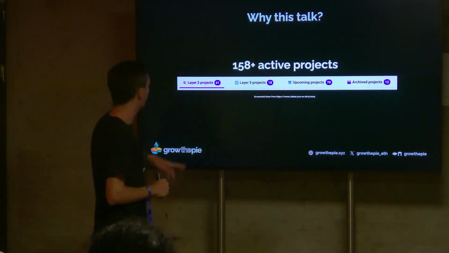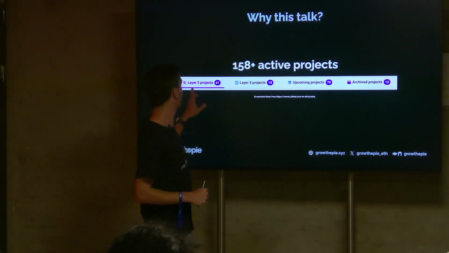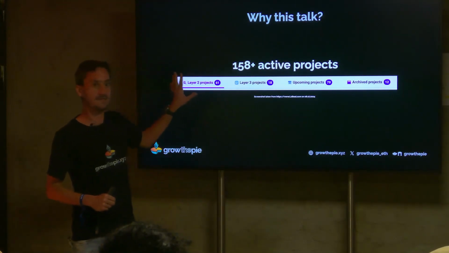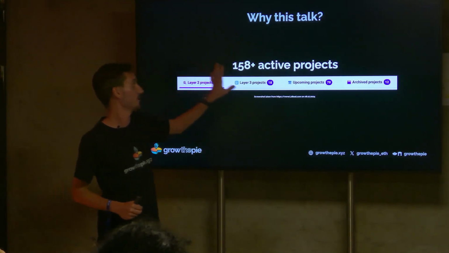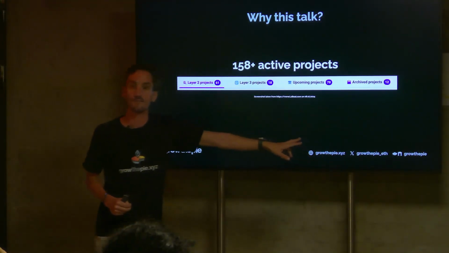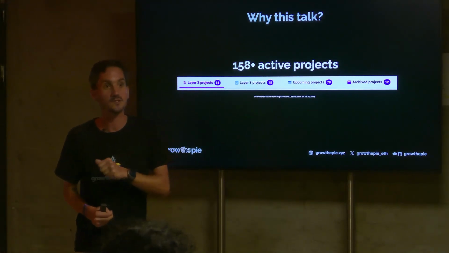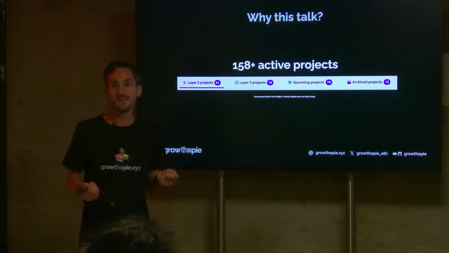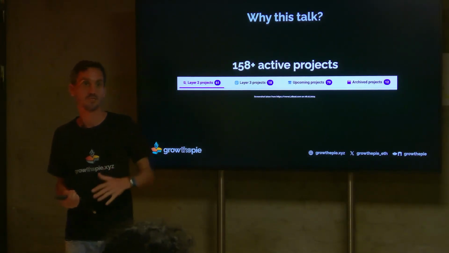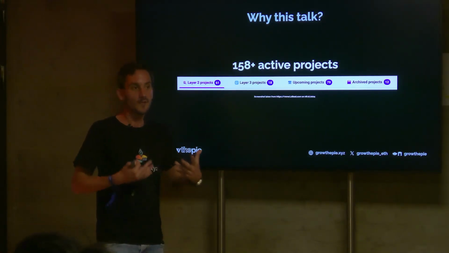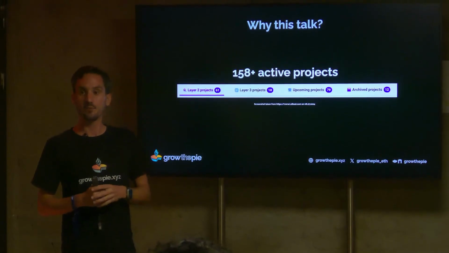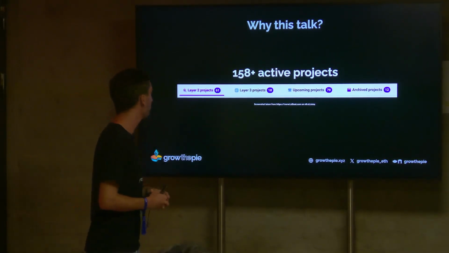There are layer 2 projects that are already being listed and risk assessed, but there are upcoming projects, and we already have archived projects. Projects like the Public Goods Network, for example, are already archived because it's shutting down, because Gitcoin said it's actually not sustainable to run this network anymore.